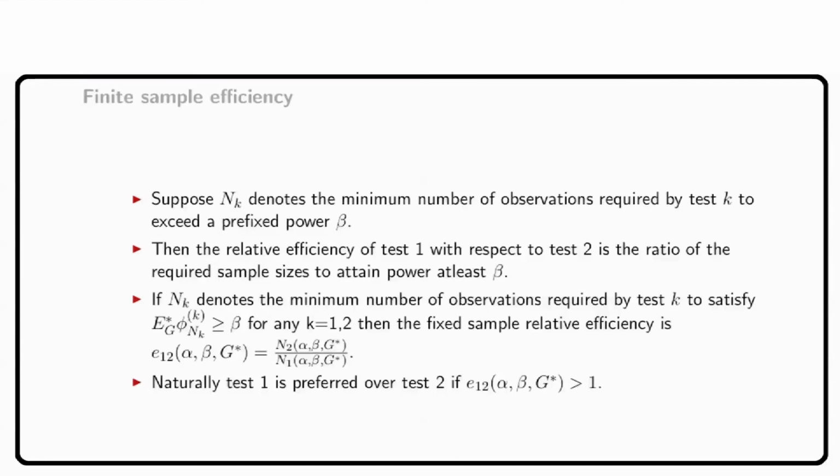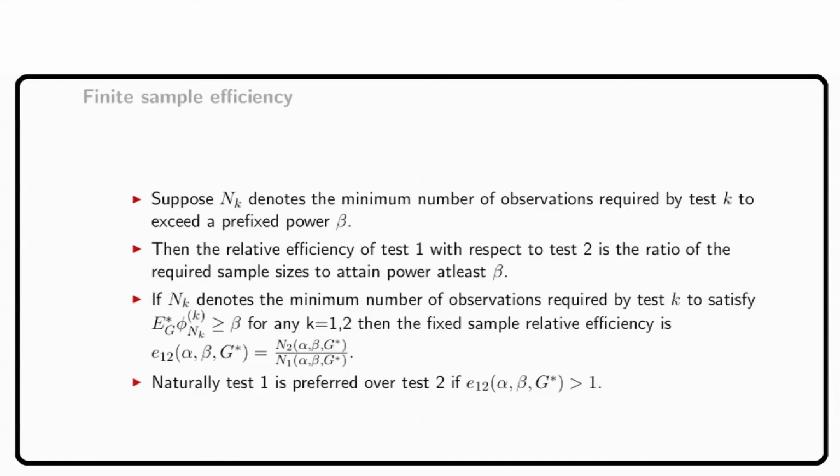If capital Nk denotes the minimum number of observations required by test k to exceed a prefixed power beta, then the relative efficiency of test 1 with respect to test 2 is the ratio of the required sample sizes to attain power at least beta.